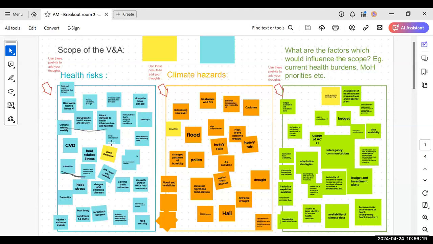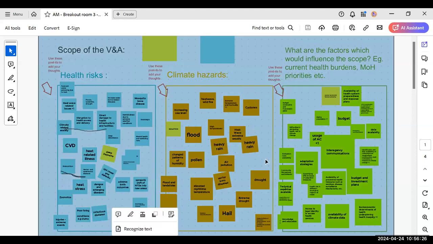I don't want to go into the details, as we are from different parts of the globe and there is high diversity. We expect health risks ranging from heat, vector-borne disease, and a lot of other things were mentioned.